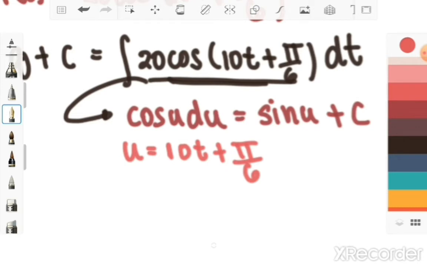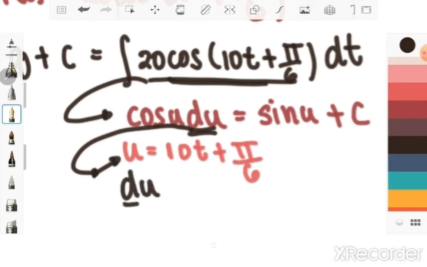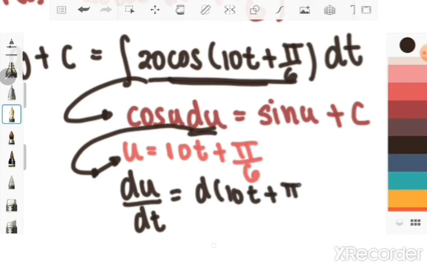So, in order to get the value of your du, let's differentiate this function, which is equal to du over dt. Right? So, du over dt is equal to the derivative of 10t plus pi over 6 with respect to your dt.